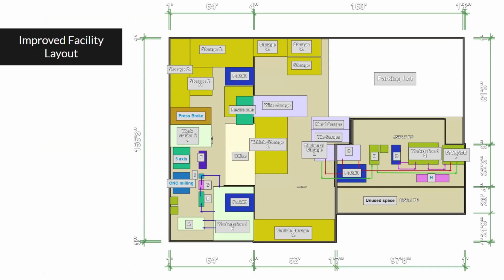Here we created a more improved facility layout. Like I said before, we chose the three machines because, one, they need the room, as well as the fact that the office right next door has very little noise cancellation, which affects the efficiency of workers in the office.